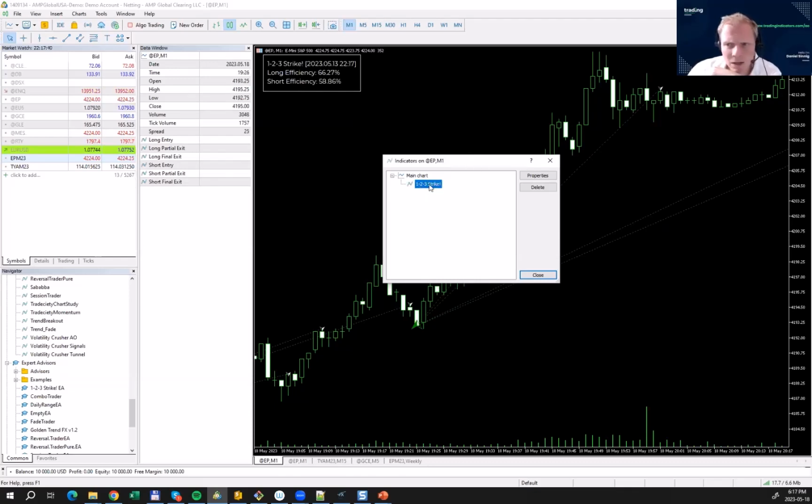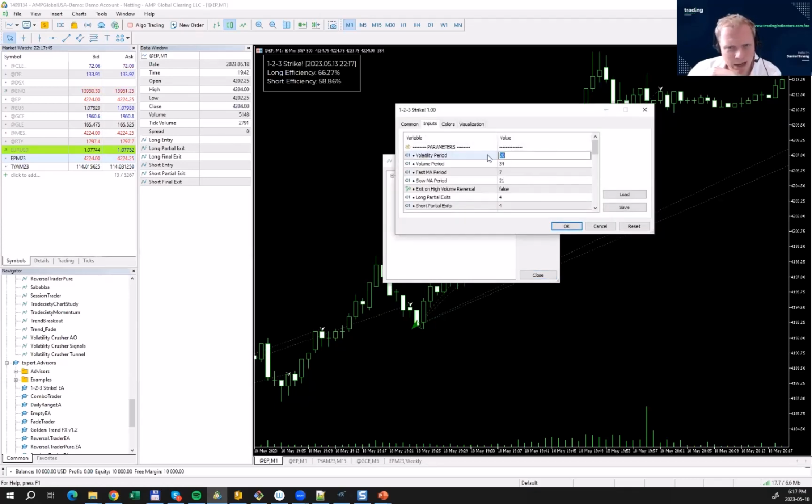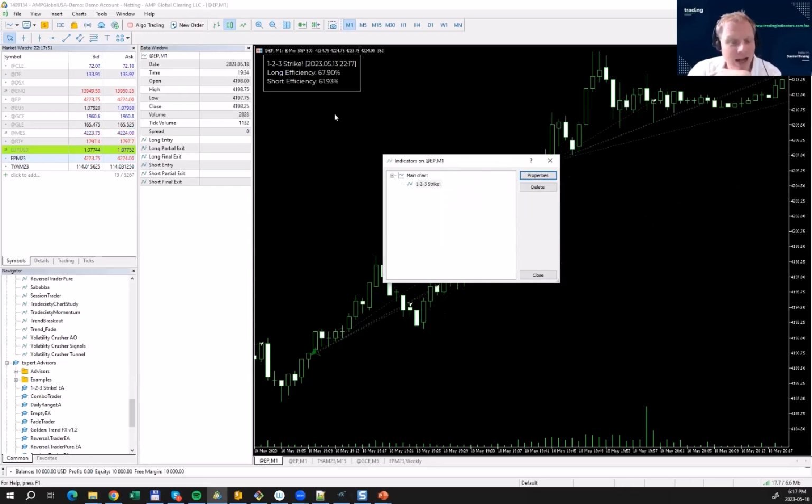So let me go back one more time into the settings of the indicator and perhaps change it back to maybe, I don't know, 15. I'll click OK, and as soon as I do this, it updates again. Now it's 67% to the long side and 61% win rate to the downside. All right, a bit better. So maybe I'm onto something.